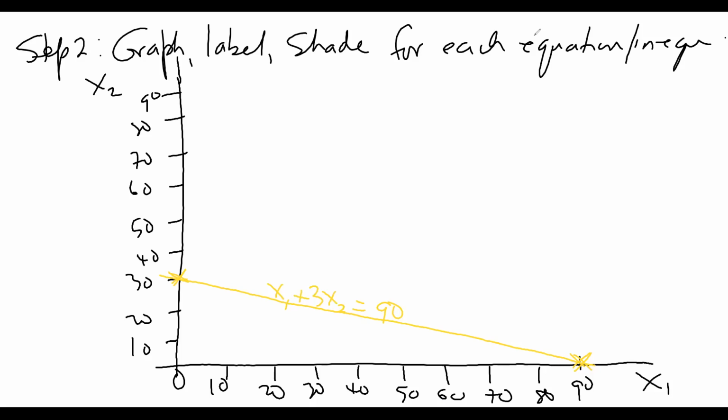It says greater than 90, so it's to the right. So I don't need the left of this line. You follow? Because I need the right to build my house. Are we together?